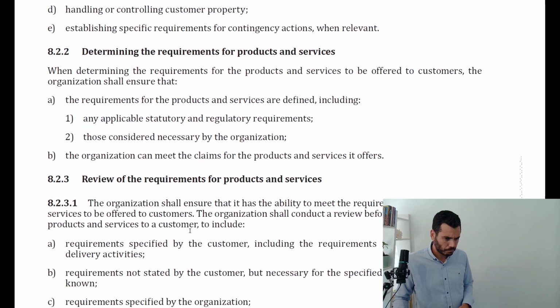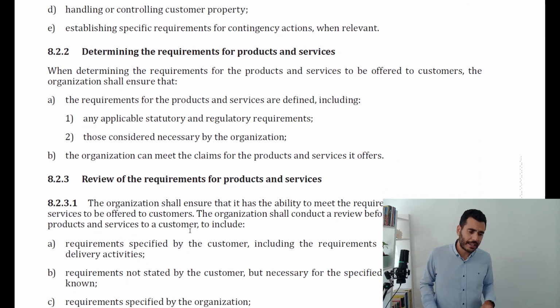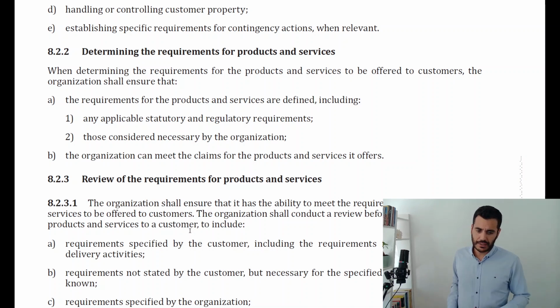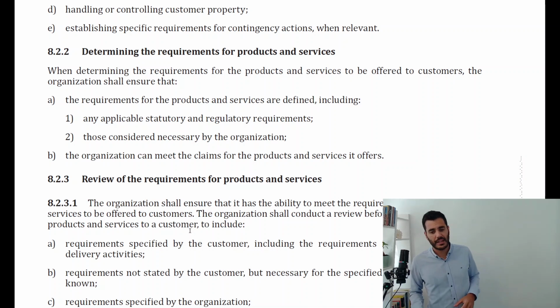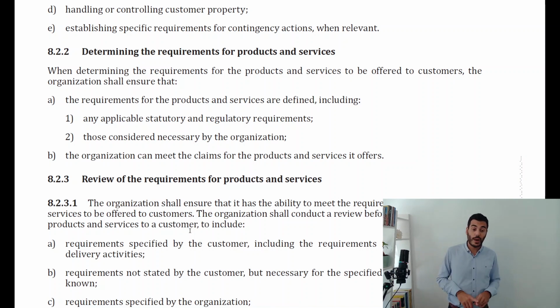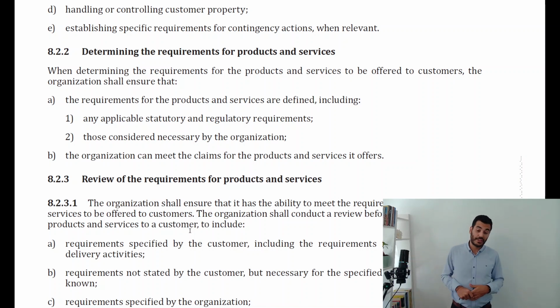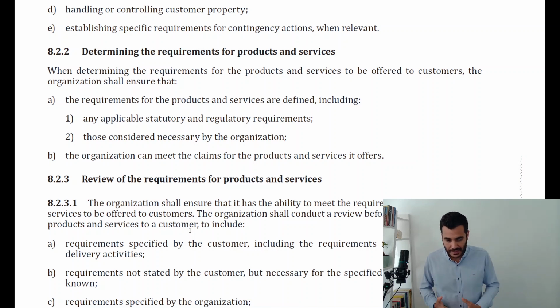And Clause 8.2.2 talks about determining the requirements for products and services. So when determining the requirements for products and services to be offered to customers, the organization shall ensure that the requirements for the products and services are defined, including any applicable statutory and regulatory requirements and those needs that are considered necessary by the organization.